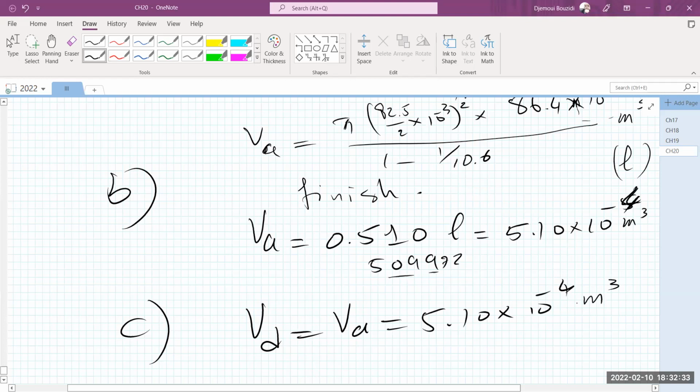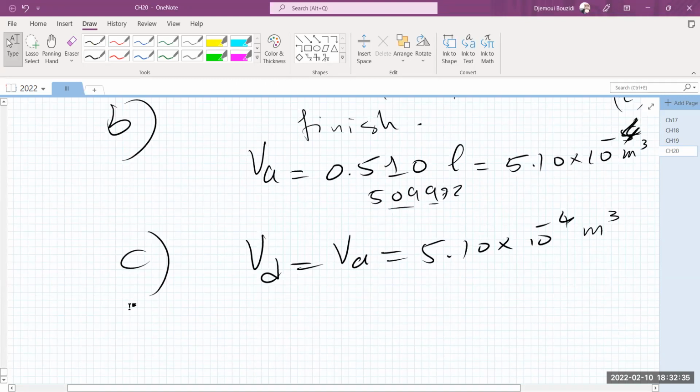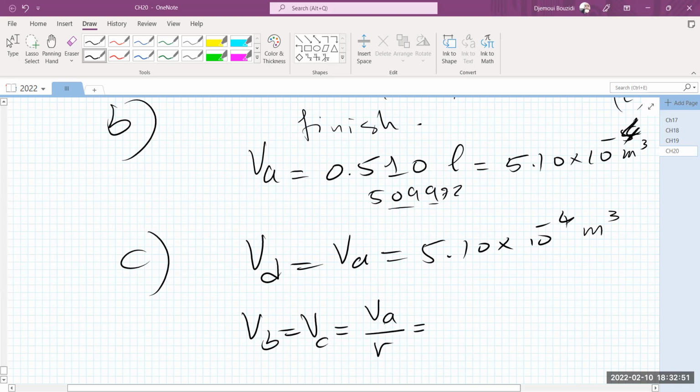It's the same volume in D and A. And the volume in point C is related to the volume in point B. And that volume in point B, or point C for that matter, is the volume at point A divided by R, the compression ratio, that's all. So it's this number divided by 10.6. So that's easy. So we can find what those volumes are.